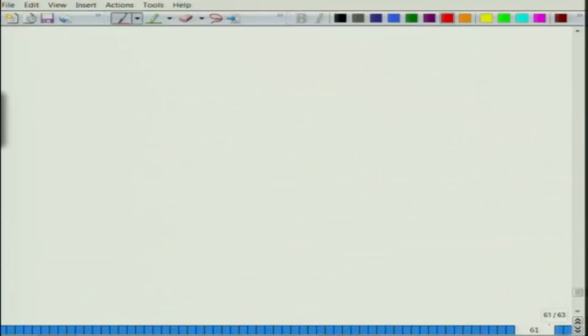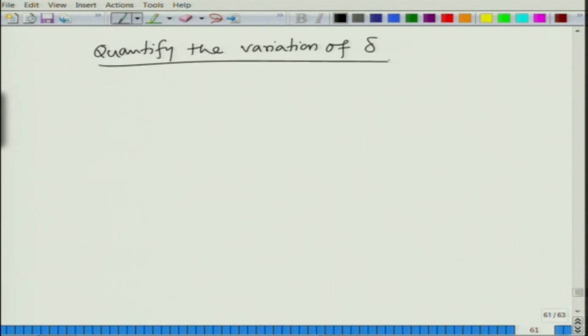Okay. So, now if we want to quantify the variation of declination angle. This is a fixed thing, right? It is not dependent on observer position or the weather or anything else.